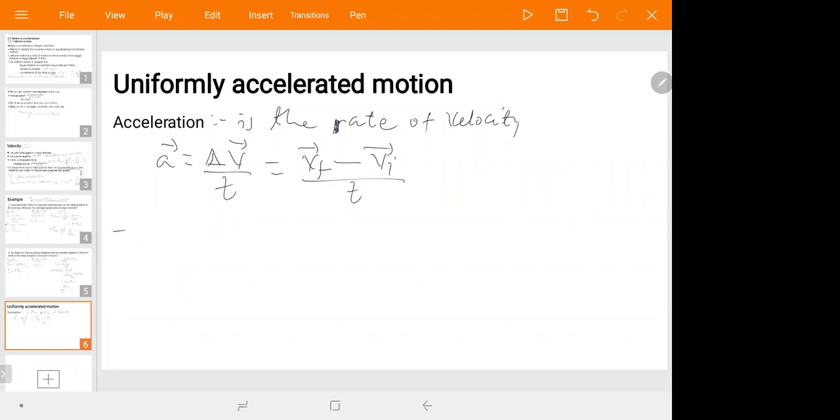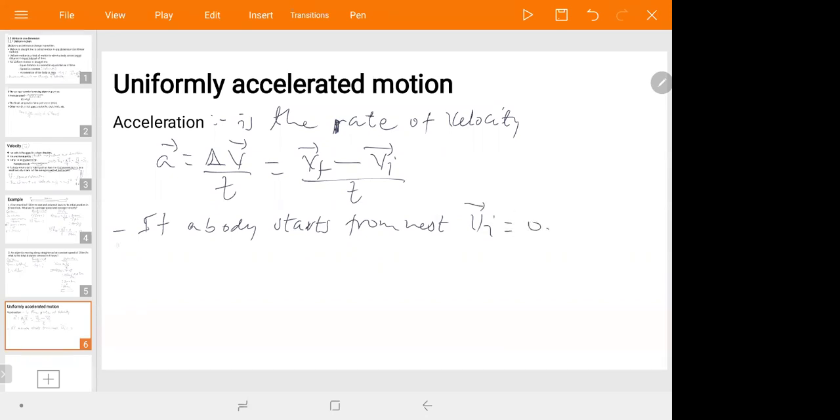If a body starts its motion from rest, initial velocity is equal to 0.